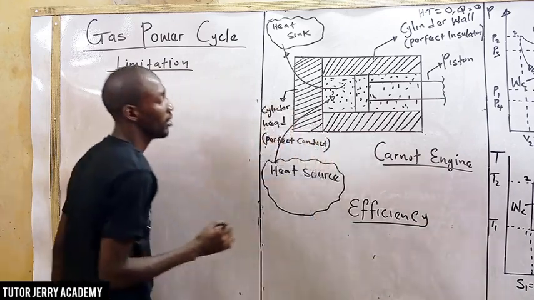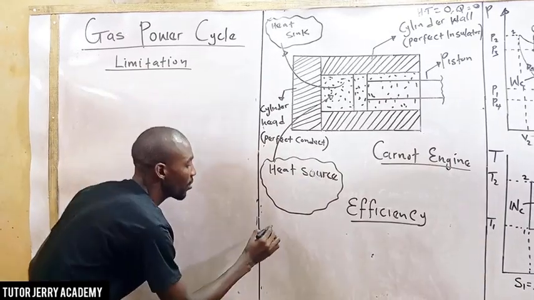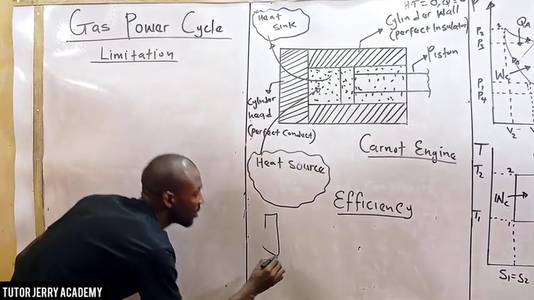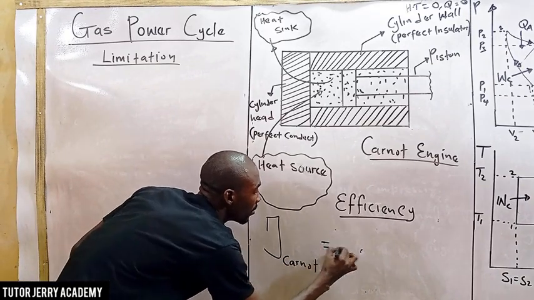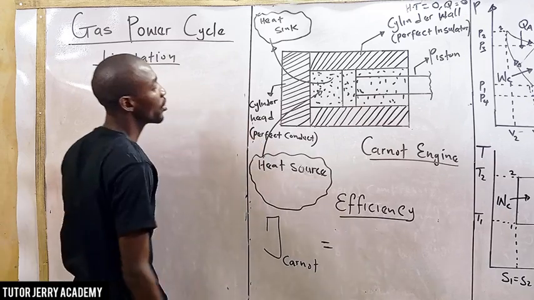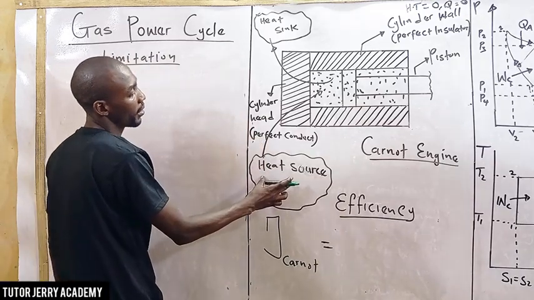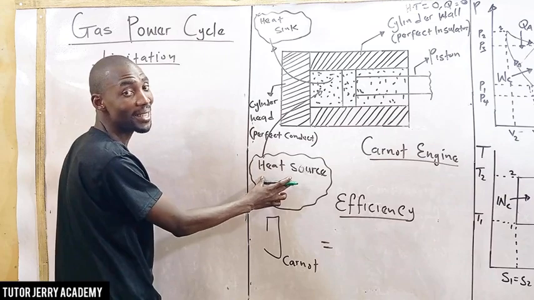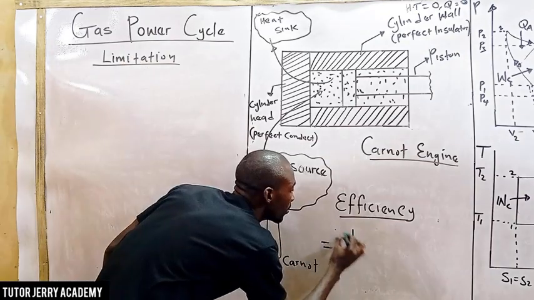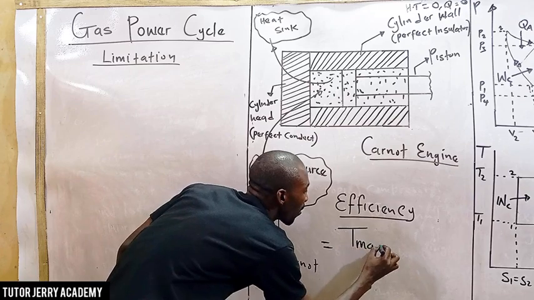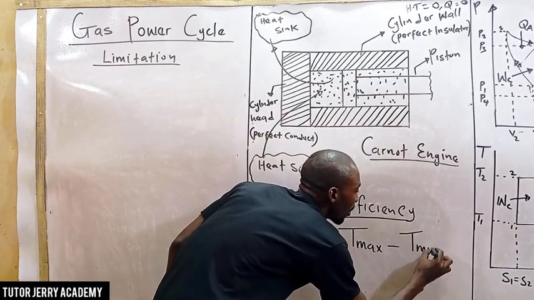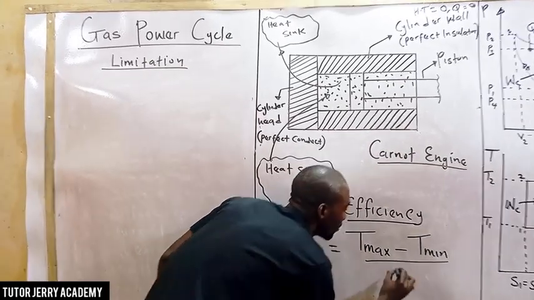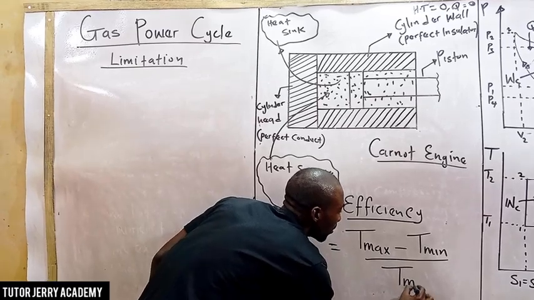All right. So the efficiency of a Carnot cycle is denoted like this. The efficiency of the Carnot cycle is going to be T maximum, that is, maximum temperature minus minimum temperature, all over maximum temperature.